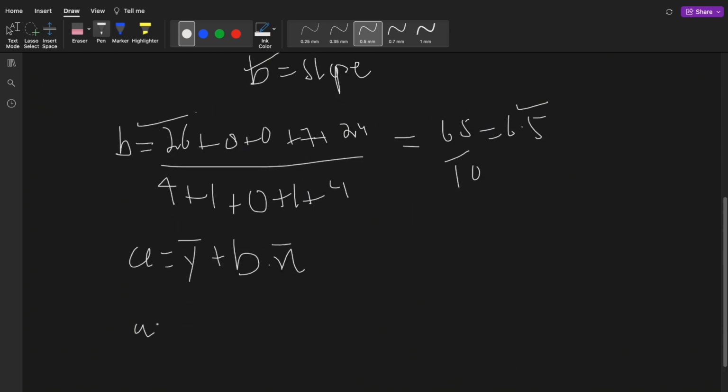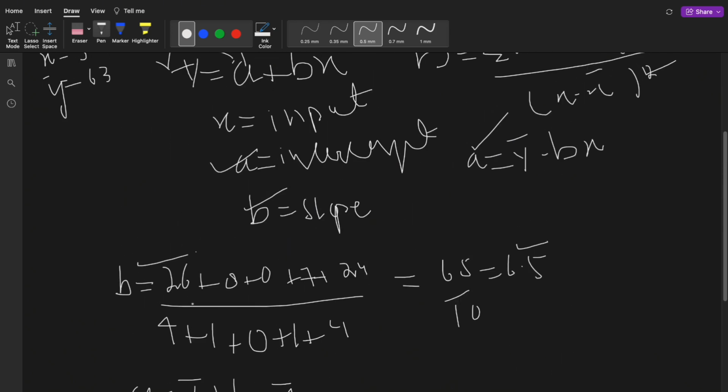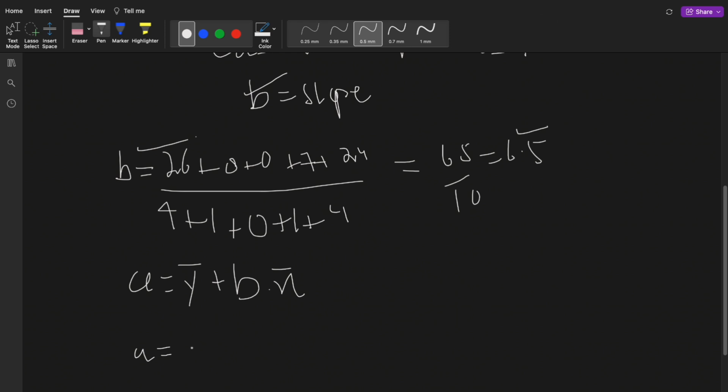So let's just put the values. We got y here, which is 63, minus 6.5 into 3, which is equal to 43.5. So we got a, which is 43.5, and b, which is 6.5.